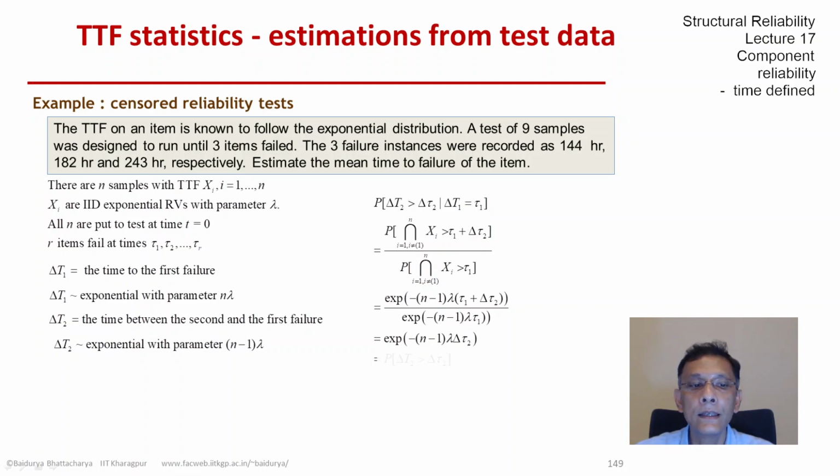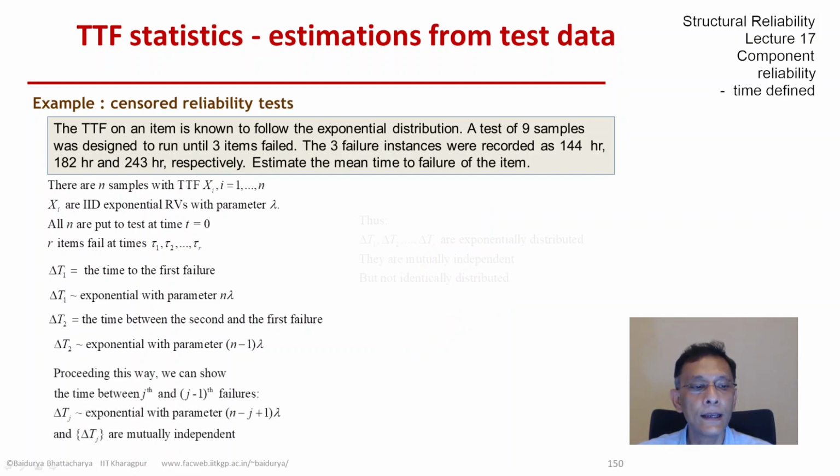We get back the unconditional probability. And since this tau 1 was arbitrary, we can conclude that delta t1 and delta t2 are independent.